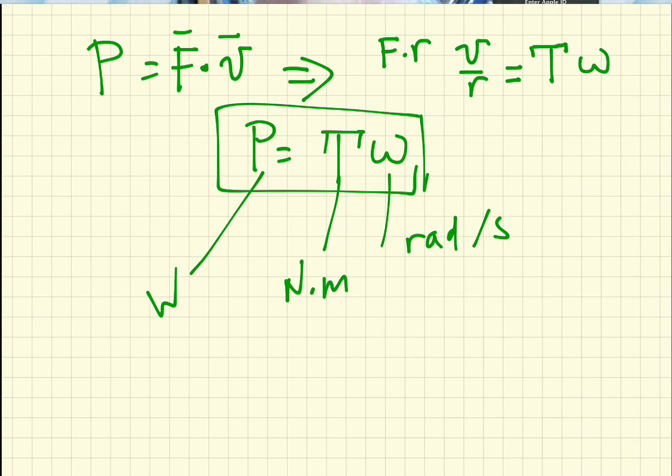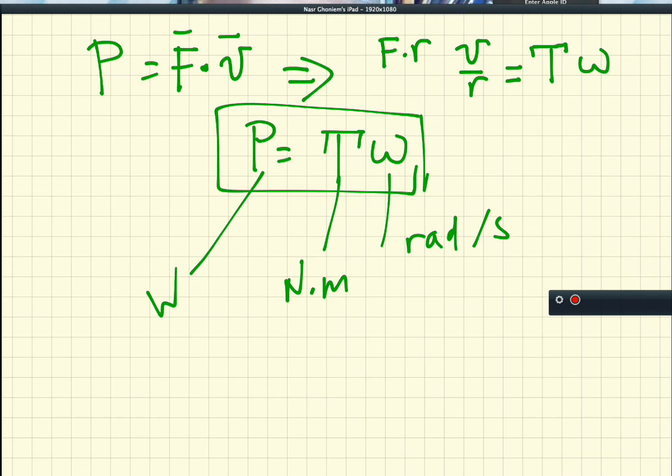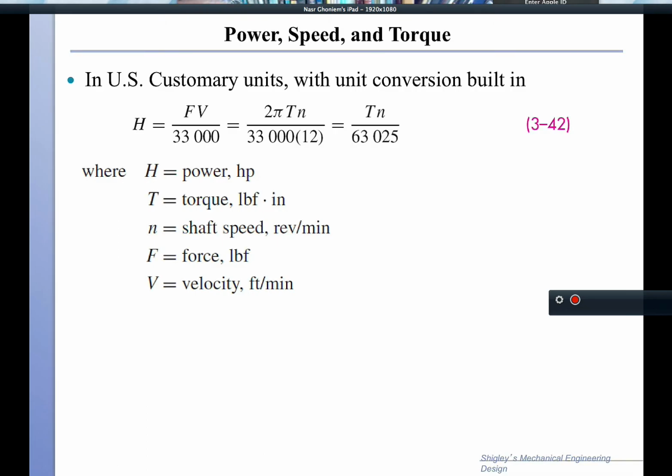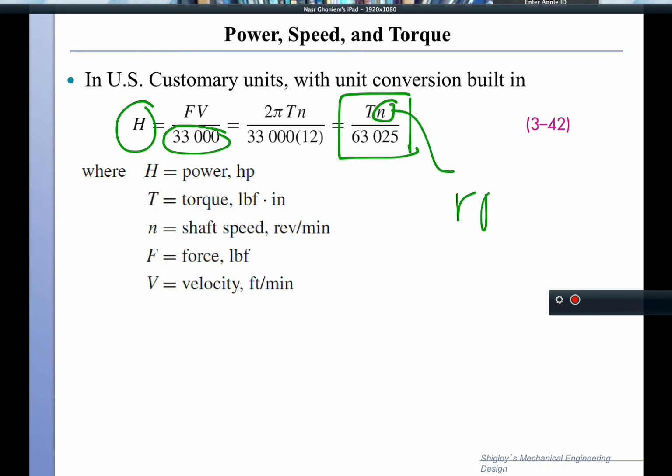If we have the practical units, this situation is going to look a little bit different, where the power is measured in horsepower, and then there's a factor that comes in, and at the end of the day, the horsepower is equal to T times N, where N is not in radian per second, but in RPM.